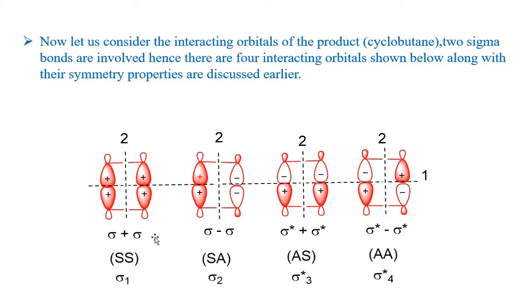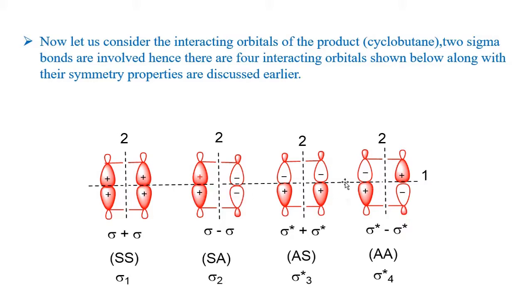That is sigma, sigma, sigma star and sigma star, 4 sigma molecular orbitals in cyclobutane. And these 4 sigma molecular orbitals combine together in 4 different ways, as in the case of ethylene molecules. These cyclobutane molecular orbitals also combine in 4 different ways.